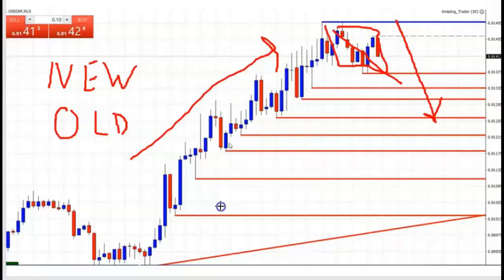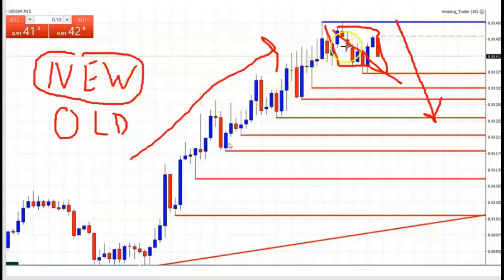So when you're in an up episode, in this case, the red lines represent ladder lines that you can buy against because the market is looking to buy dips. They're considered new lines because they're part of the current episode.